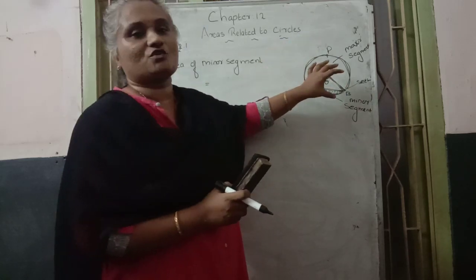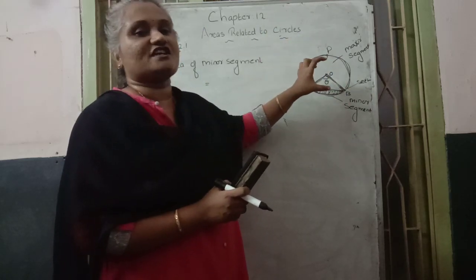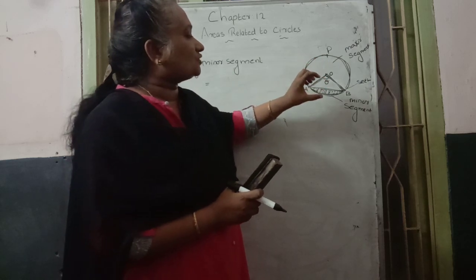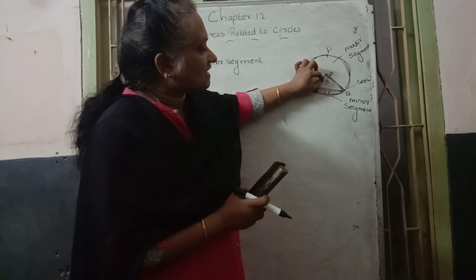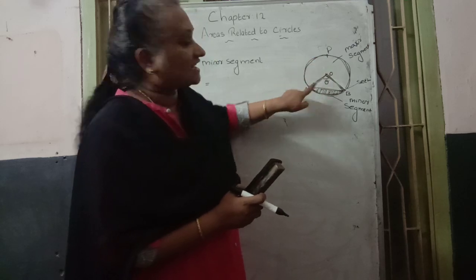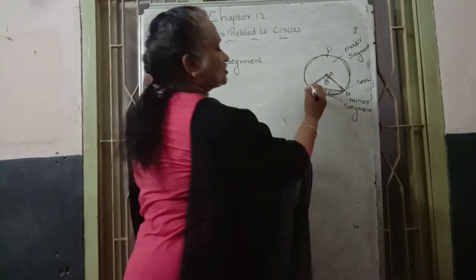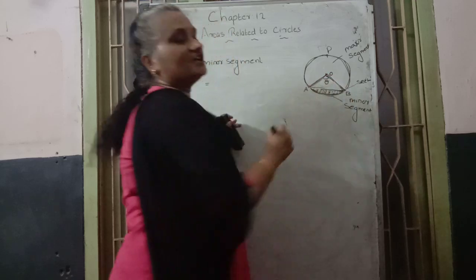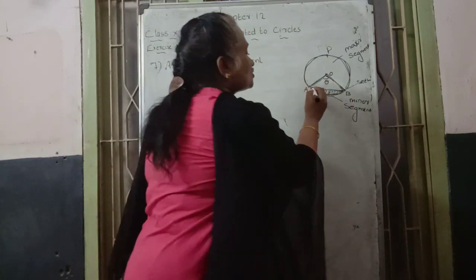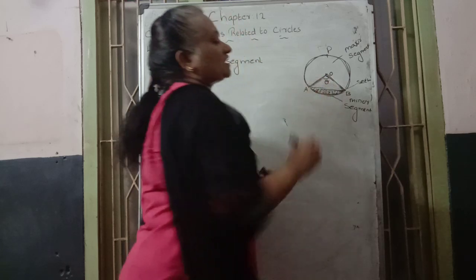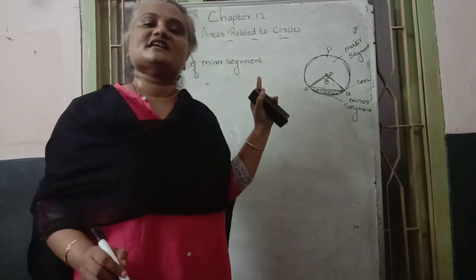So the minor sector is subtracted with which area? This part, which shape? Here AOB is a triangle shape. AOB is a triangle. So when removing the area of the triangle, what we get is the area of the minor segment.